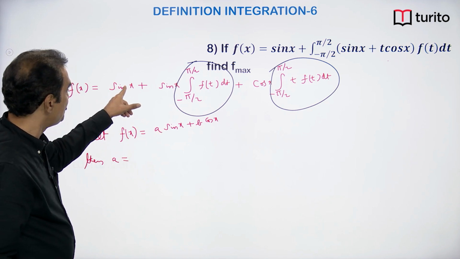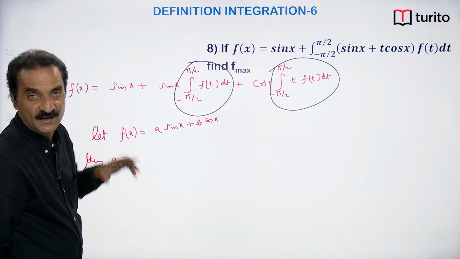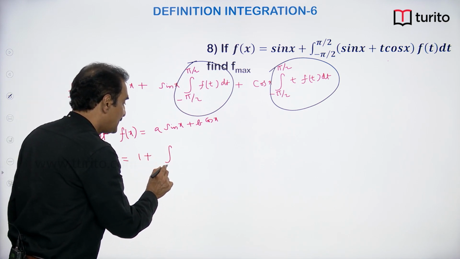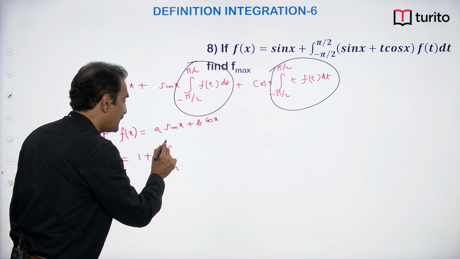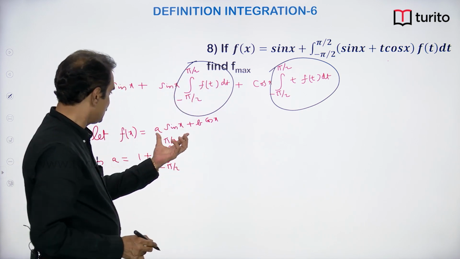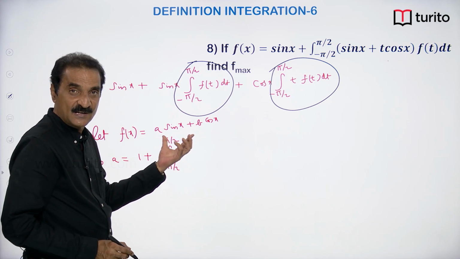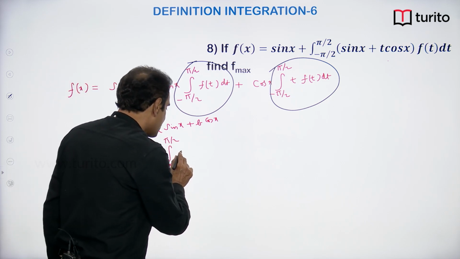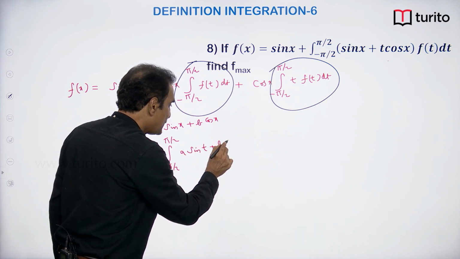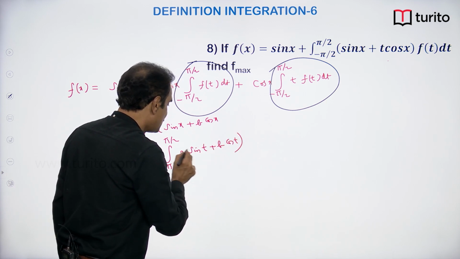In f of x, the coefficient of sin x is 1 plus this integral, 1 plus integral from minus pi by 2 to pi by 2 of f of t dt. Since we have assumed f of x like this, f of t will be a sin t plus b cos t dt.